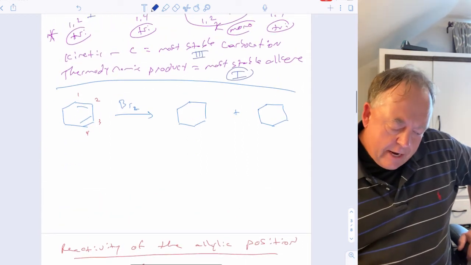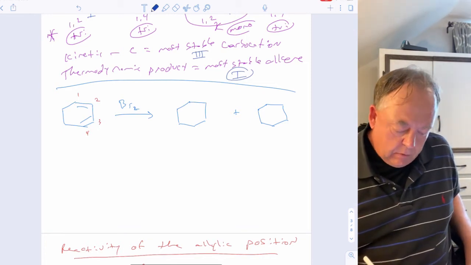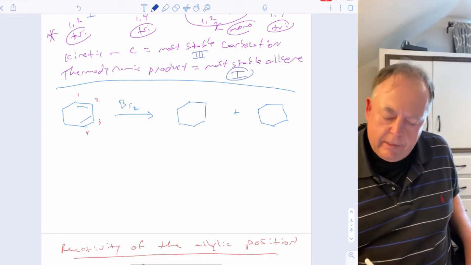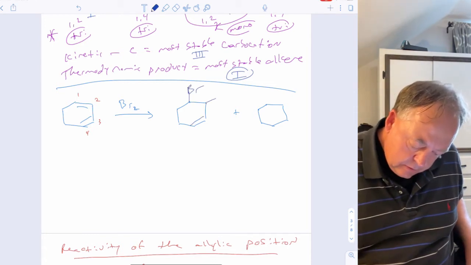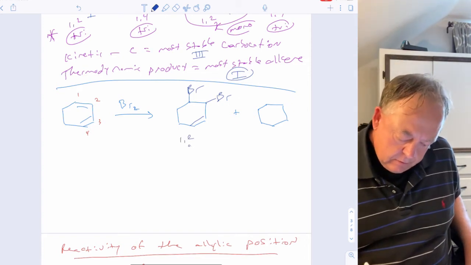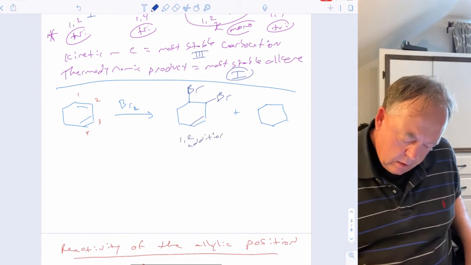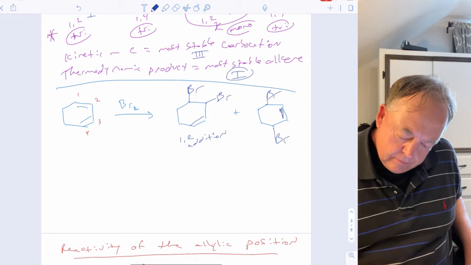Okay, so same reaction with Br2. If you add bromine Br2 to a double bond, if you remember, you can add bromine and bromine across a double bond. So you could have made that a 1,2 addition product. Or you can make 1,4 addition products as well, just like with HBr or HCl.